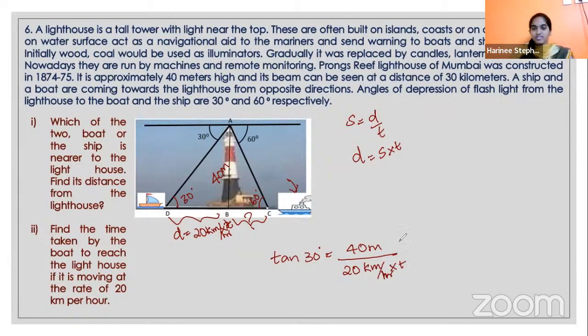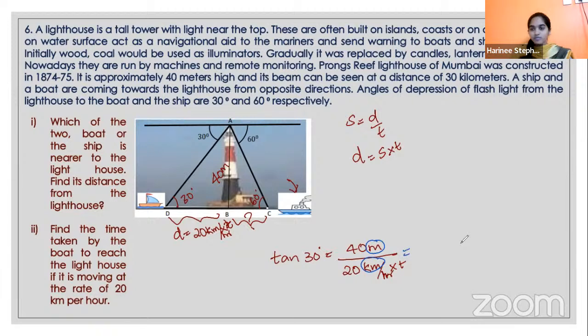What problem do you see here? Anything differs in the numerator and denominator? If yes, what is it? Yes, we shall give it a try. It's okay if it is wrong. Meter and kilometer. Yes, you are right. Correct. Meter and kilometer. So I need to convert one in terms of the other.